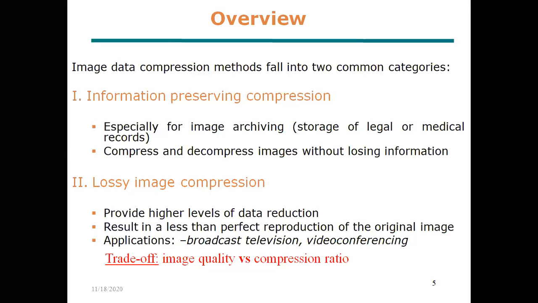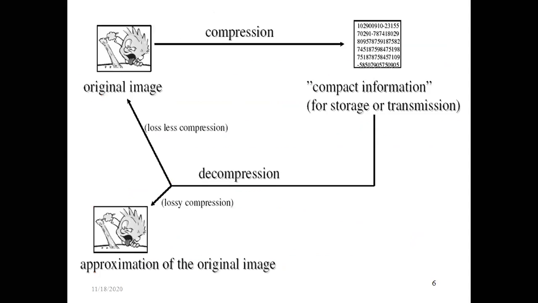If you are ready to sacrifice the image quality, you will get a higher compression ratio. If quality is required, we have to lose compression ratio. If you want a high compression ratio, we have to sacrifice the quality of the image. So depending on the application, we have to decide which parameter is required, the quality or the ratio.